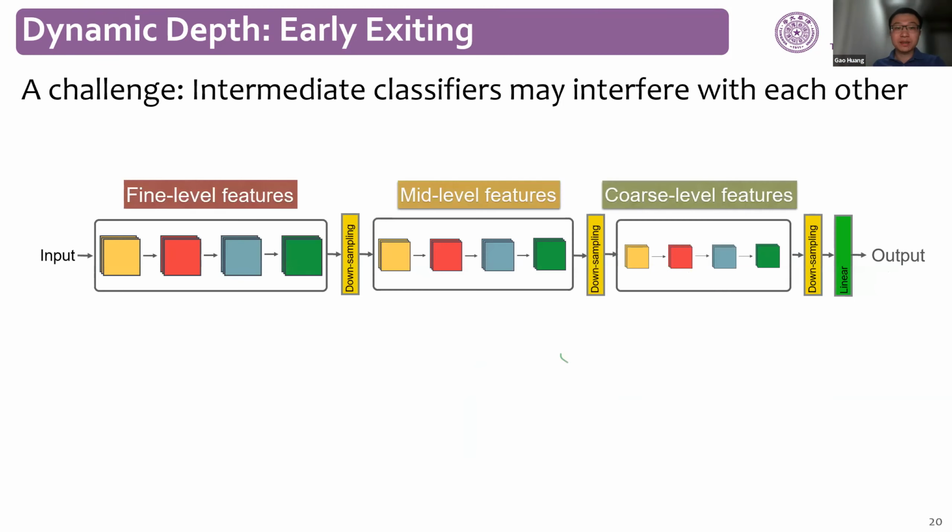The challenge here is that convolutional networks have a hierarchical learning process. In the shallow layers, they learn fine level features, and in very deep layers, they learn coarse level features because there are downsampling layers in between these stages.